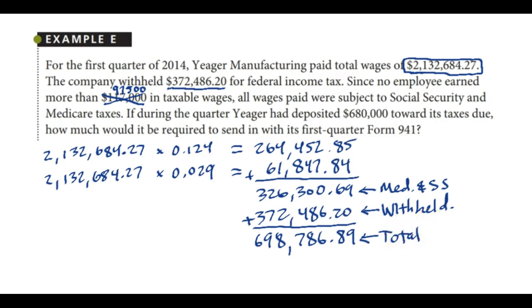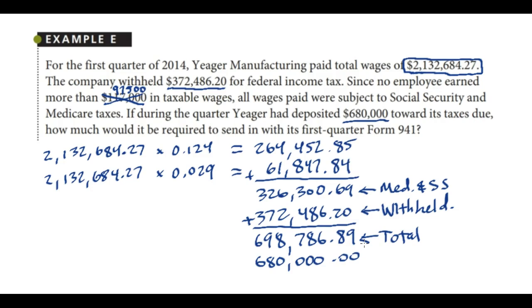But we have mentioned at the very bottom of the problem, if during the quarter Jaeger had deposited $680,000 towards its taxes due, so they've already put away an amount to cover this, how much would be required to send in with its first quarter form? They need to come up with an additional amount because they only saved up $680,000 to send off essentially to the IRS.